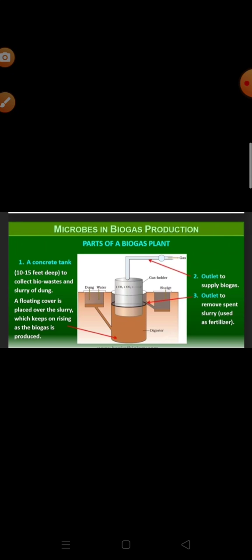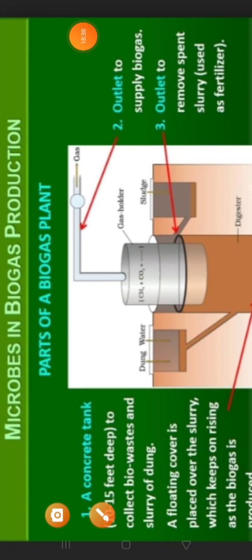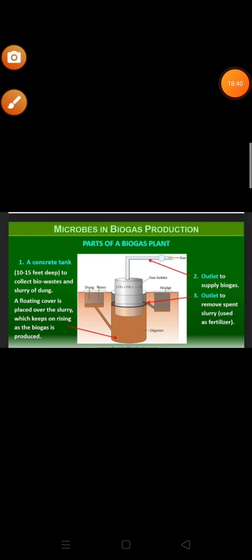Now we will know about the parts and the mechanism of biogas or gobar gas. The raw material for biogas production is the excreta or the dung of the cattle. We all know from this excreta or dung of the cattle the biogas is produced. In the biogas plant, you have to draw and label the structure of a biogas plant.